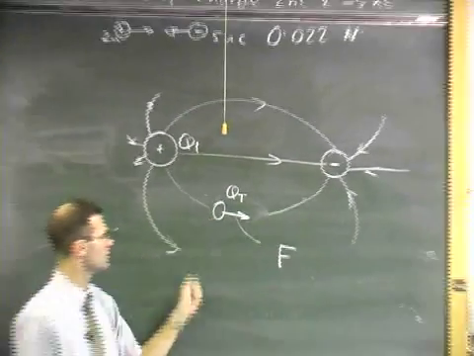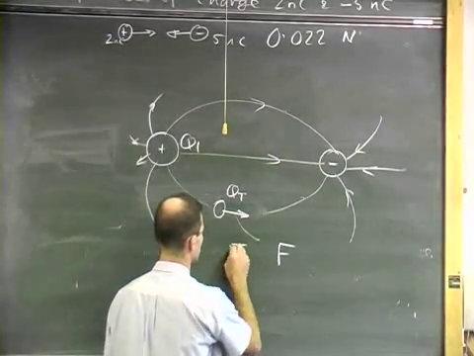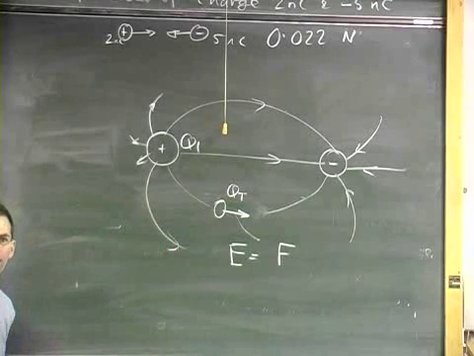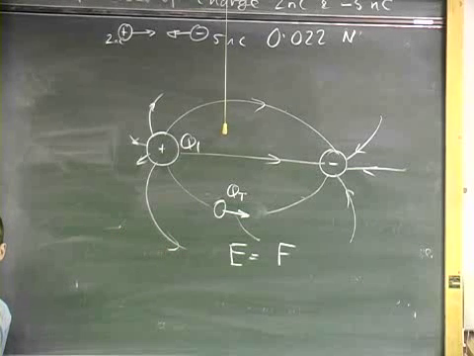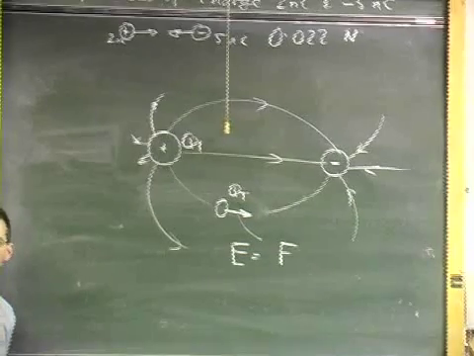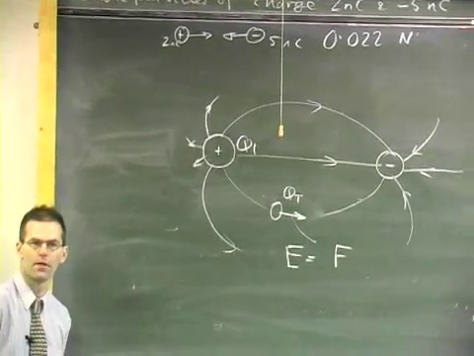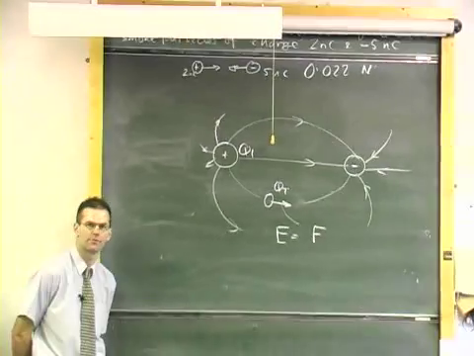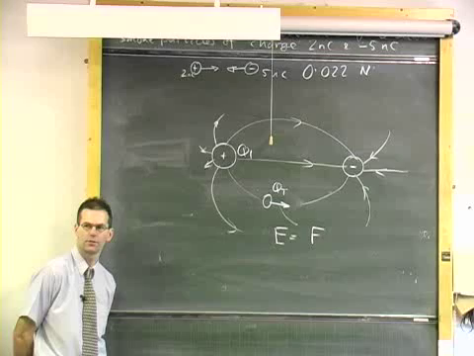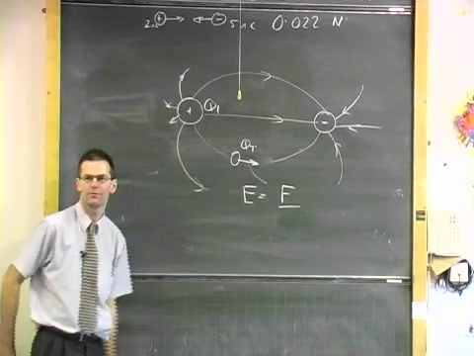How would you get the electric field, E, in terms of the force? How is the electric field related to that force? Think back possibly to what you did with gravitational field. How would you get gravitational field if you knew what the gravitational force was, in terms of that force?